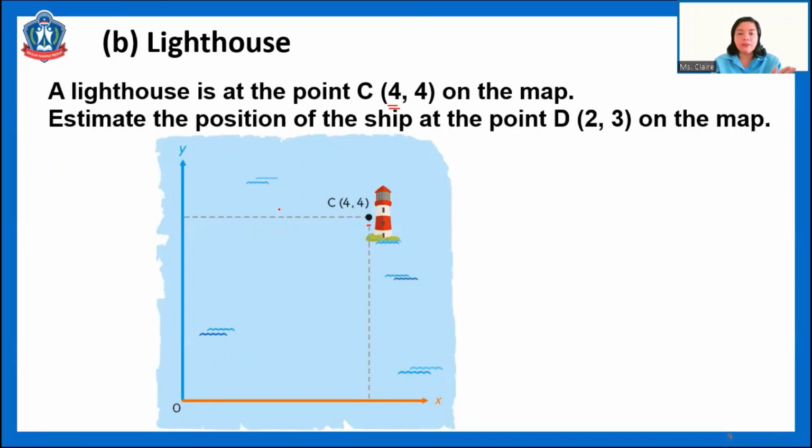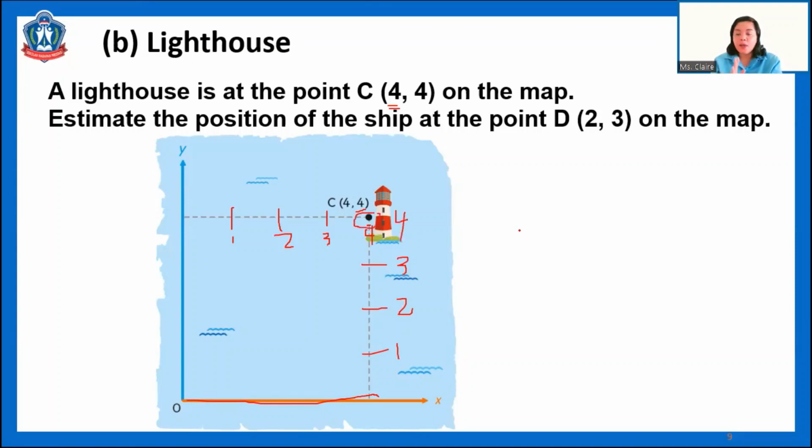So let's divide this into 4: this is 1 here, this is 2, 3, 4. So the distance of the lighthouse from the y-axis is 4 squares. That is our estimation. And the y-coordinate means the distance of the lighthouse from the x-axis is also 4. So let's divide this into 4: 1, 2, 3, then 4. So this is 4, 4.